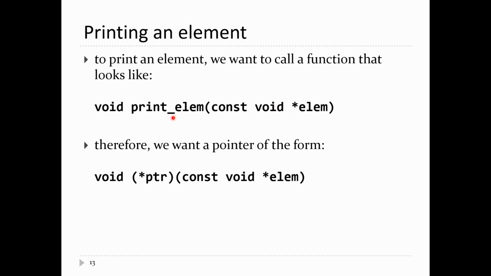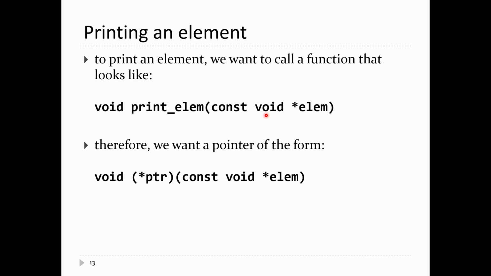To print an element, I want to call some function that can take in an element and print it. I'm going to make it const because printing an element shouldn't change it. So I want to call a function that looks like that to print each element.